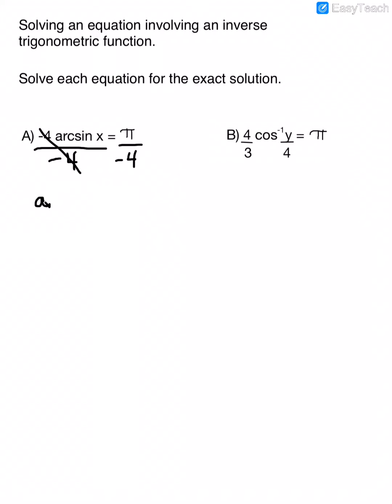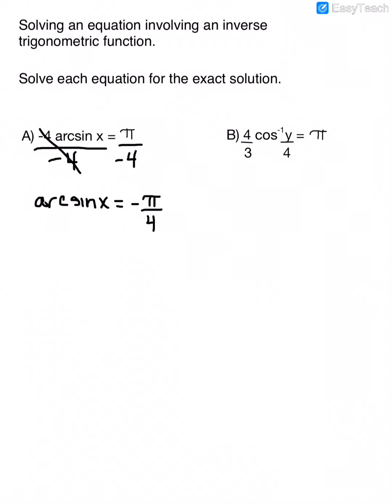And now I have arc sine of x is equal to negative pi over 4. Okay, so since arc sine means the same thing as sine inverse, the inverse of that would be the sine.